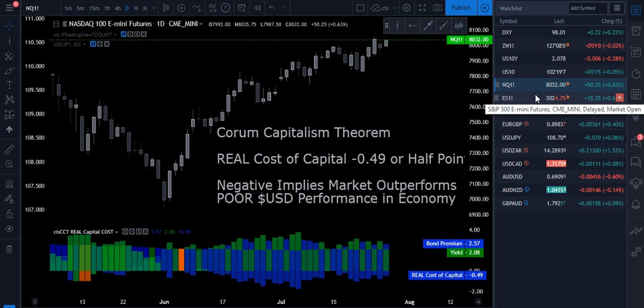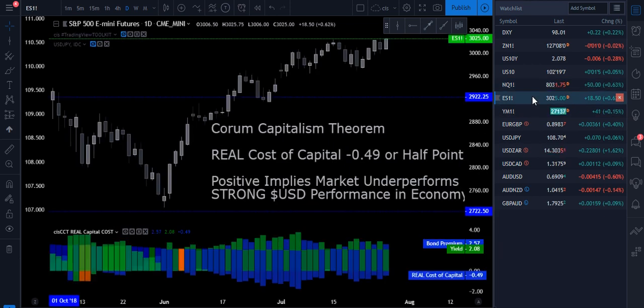And this is advantageous for a market that can outperform that poor performance in the U.S. dollar. When you look at the S&P futures, for example, Quorum's Capitalism Theorem real cost of capital translates to minus 0.49 or half a point. And again, that negative number implies that there's a half a point advantage to putting a dollar to work in the markets.